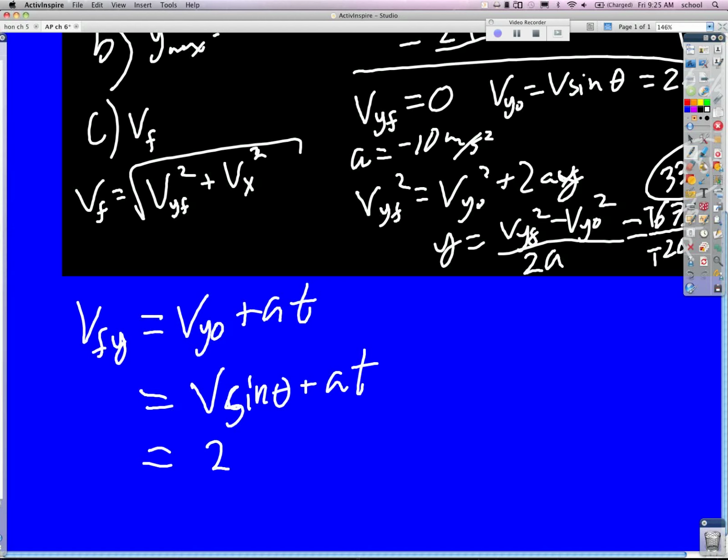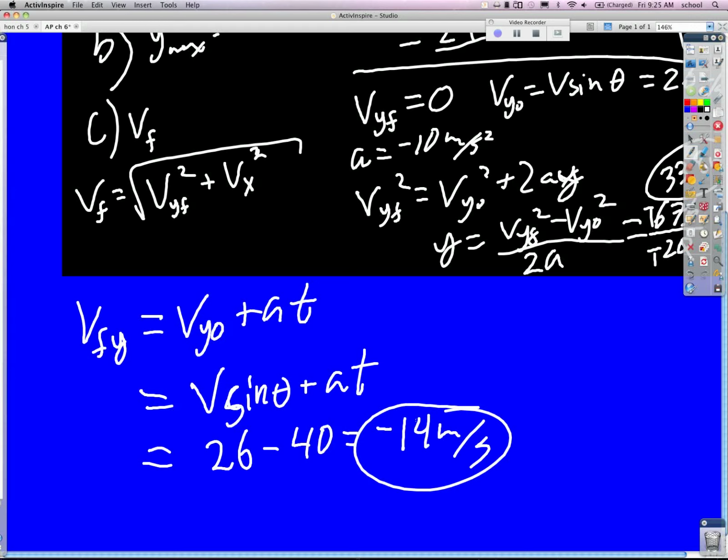It's 14 squared plus 15 squared. It's around 20 meters per second.